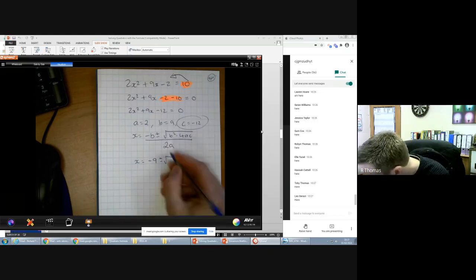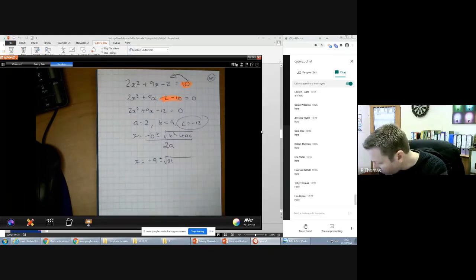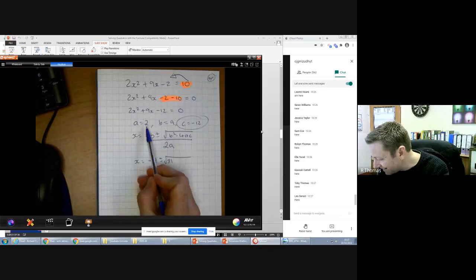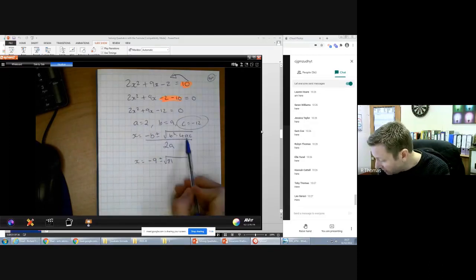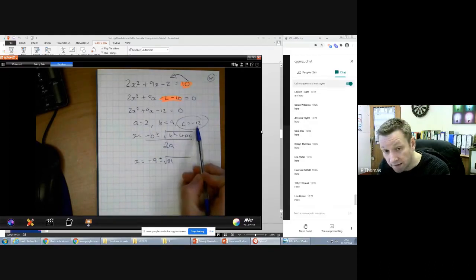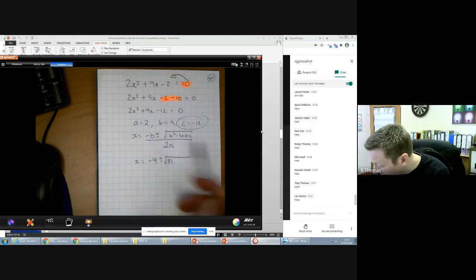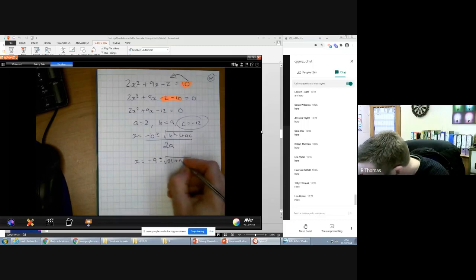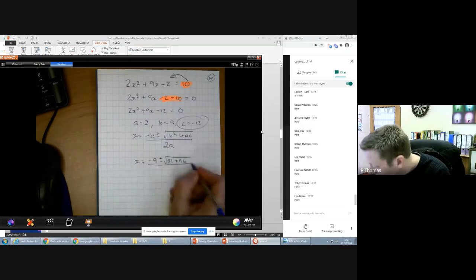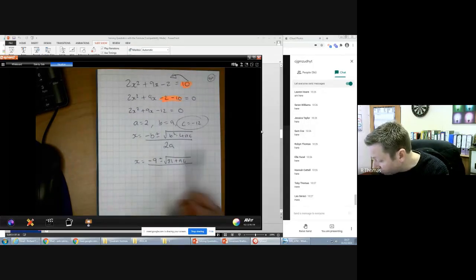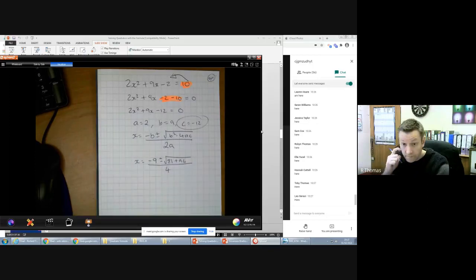Right, 9 squared is 81. 4 times 2 is 8. 8 times -12 is -96. So I've got minus 96, which is plus 96. And all of that is over 2 2's, which is 4.